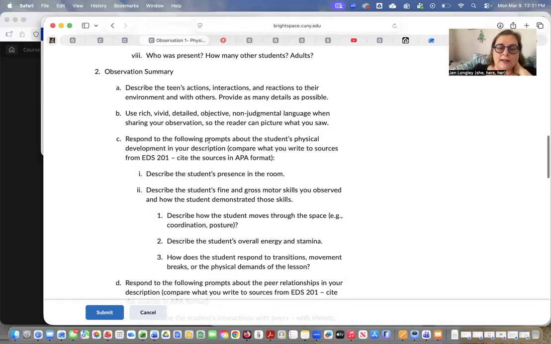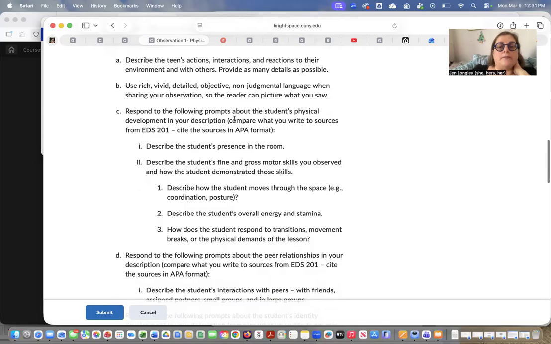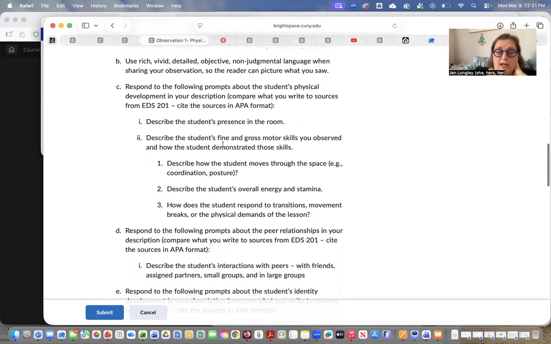Then you're going to respond to the following prompts about physical development, comparing what you write to sources from EDS 201. Describe the student's presence in the room, their fine and gross motor skills, and how they demonstrated those skills. Are they using a computer? Are they using a pencil? Are they writing in a notebook?